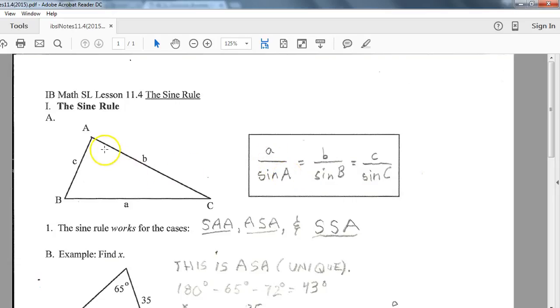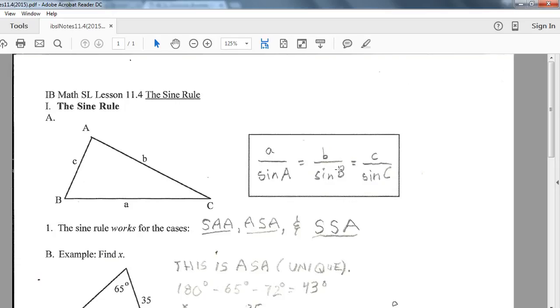So for example, if we're going to call this angle A with a capital letter, the side across from it would be lowercase a, and so on and so on. And so with one of these ratios, you have to know both of those. So you have to know an angle and the side across from it. In the other ratio, you just need one of the two, and then we'll put an X for whichever one we're trying to find, and we're good to go from there.